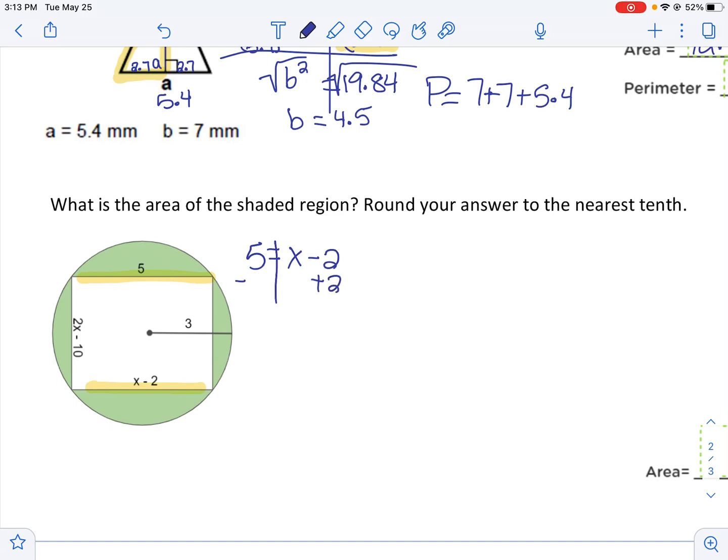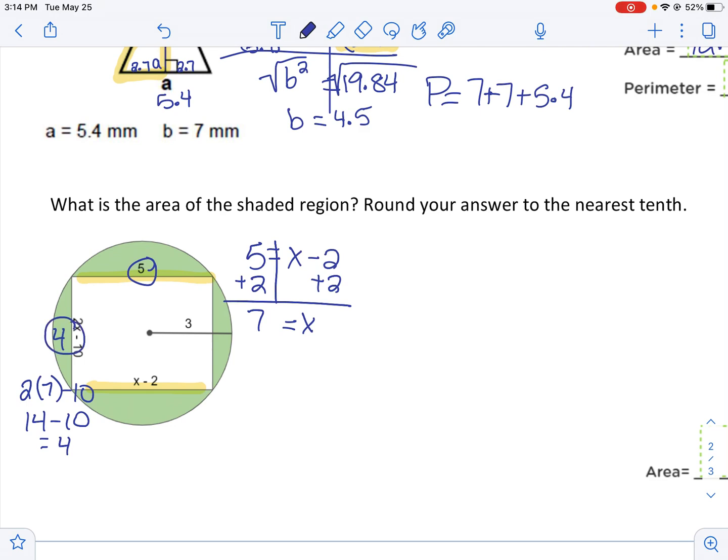So I'm going to add 2 to both sides, which tells me x equals 7. Okay, so I know this is 5. Over here, I have 2 times 7 minus 10, which is 14 minus 10, which is equal to 4. So this side length is 4.